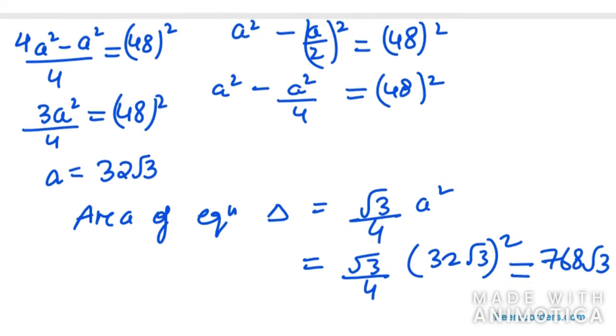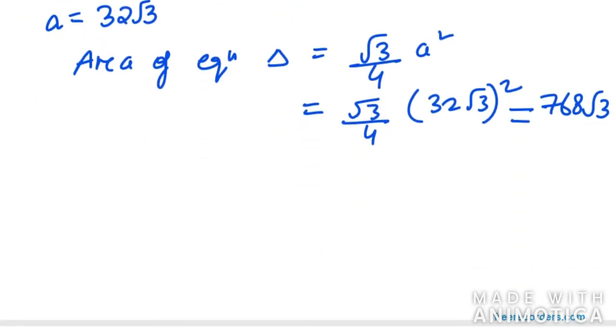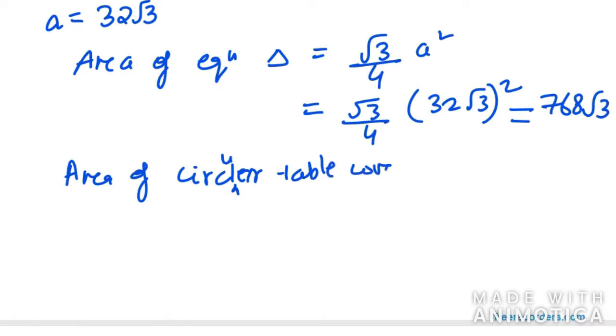Then we need to find the area of the circular cover table. So the area of the circular table, as the radius is 32 centimeter, will be pi r square, that is 22/7, r is 32.